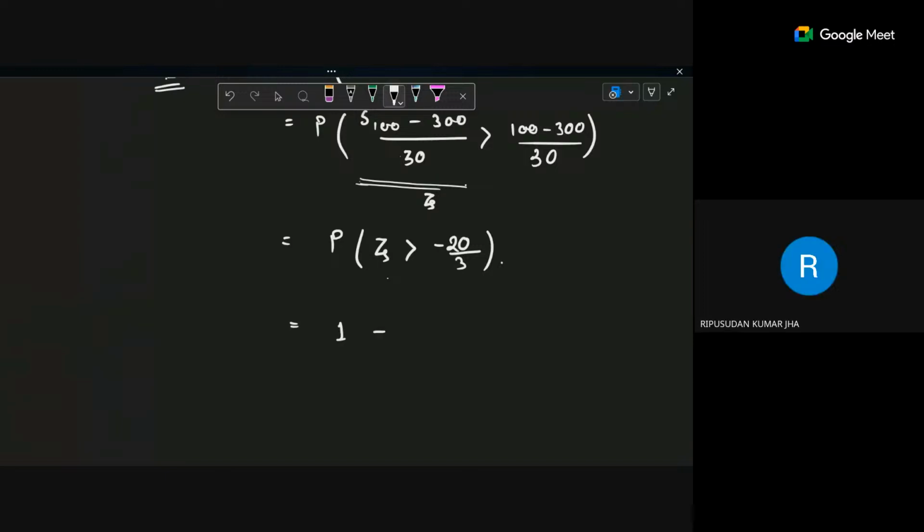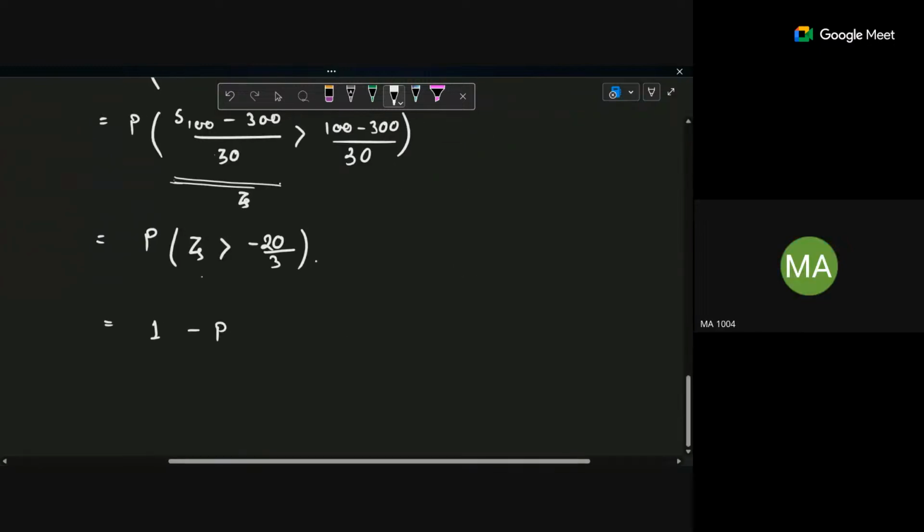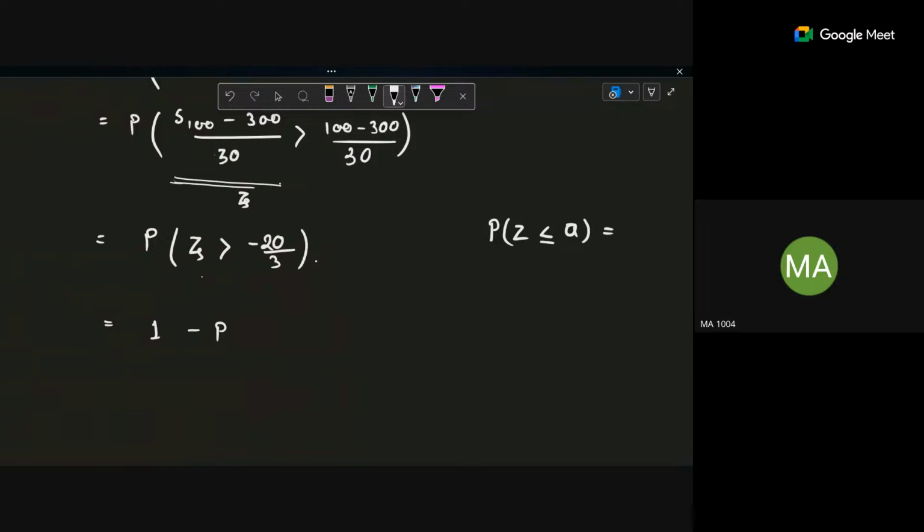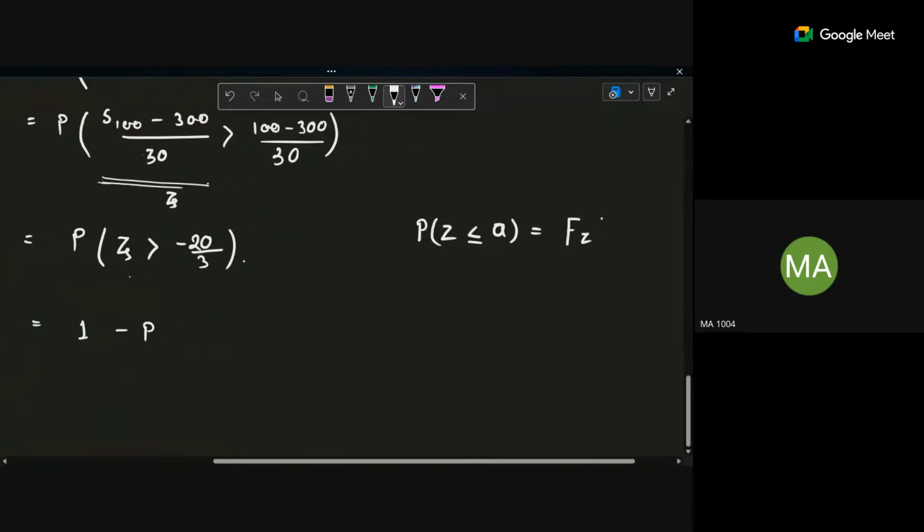Because we need 1 minus probability of Z less than or equal to minus 20 upon 3, which is the CDF of the random variable. CDF we generally give like this: Z less or equal to A is the CDF at a point A.